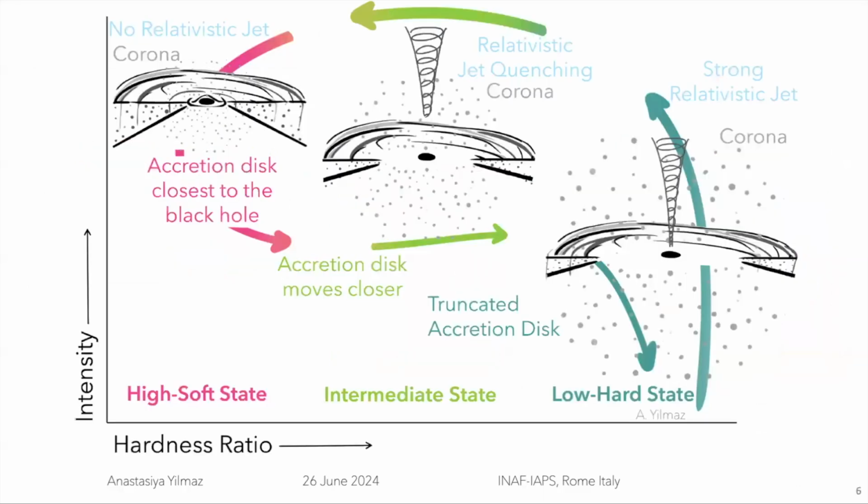So as I said, using this Q track, we are able to track where the accretion disk is located, or you can also track if there might be jet emission, or you can track how much of the coronal emission is dominating. Each of these states will be relevant for different reasons.